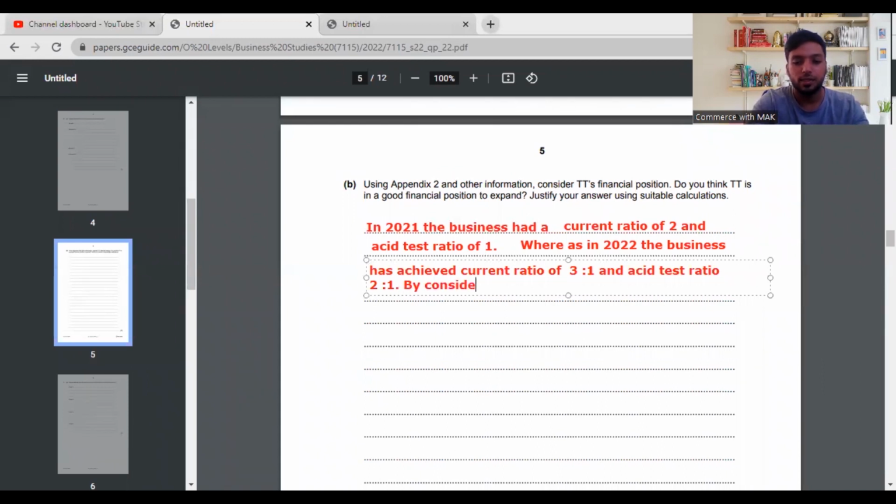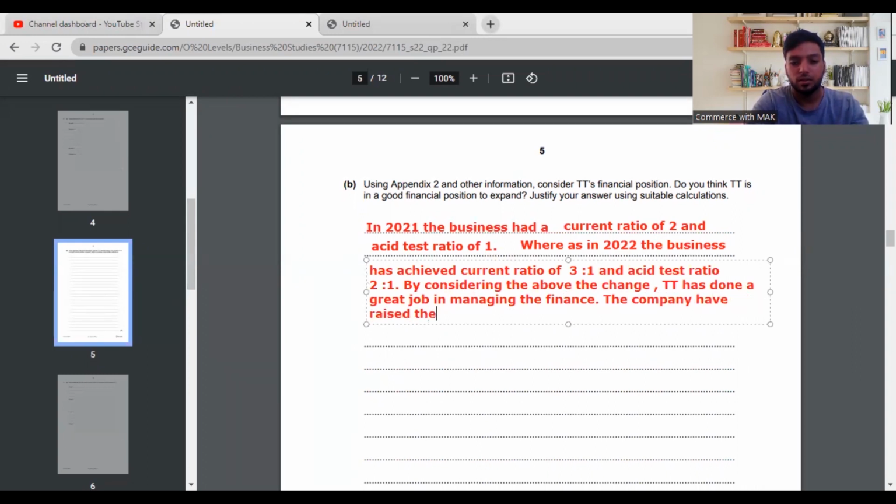By considering the above change, the business TT has done a great job in managing the finance. The company have raised their trade debtors from 5 million to 8 million.